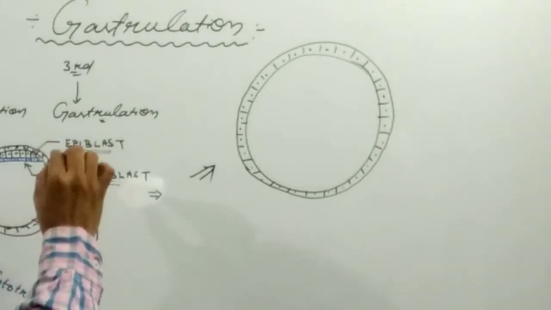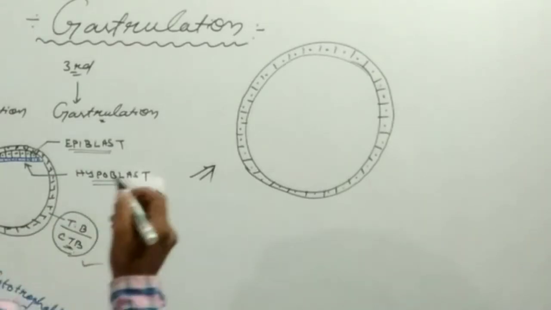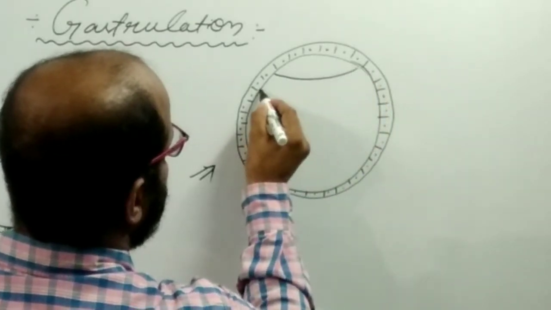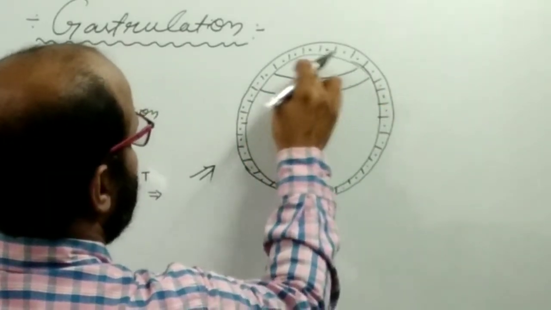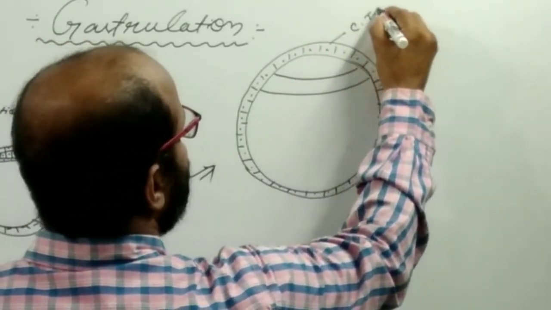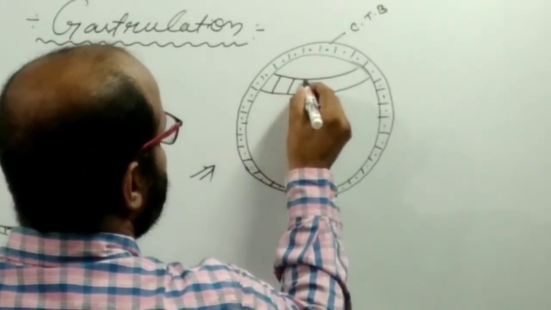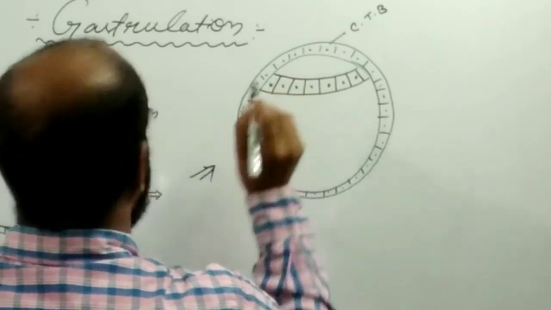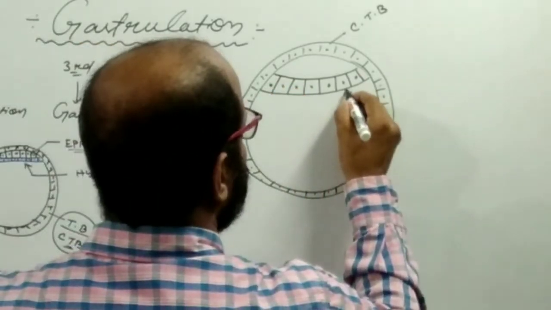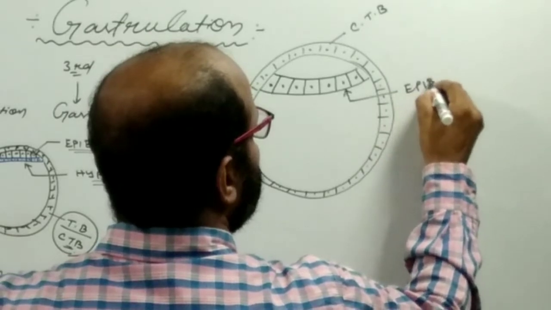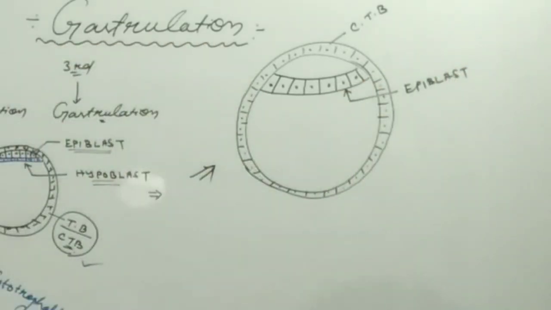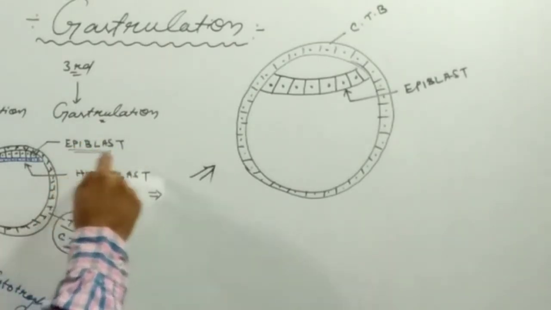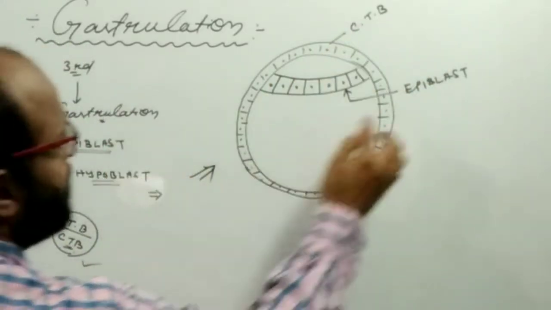By the formation of the epiblast and hypoblast, a space appears in between the cytotrophoblast and the epiblast.